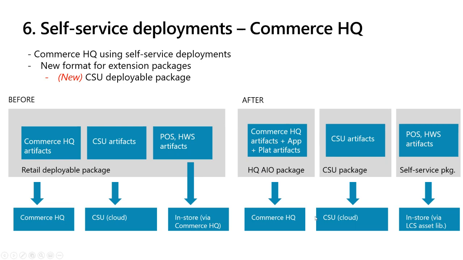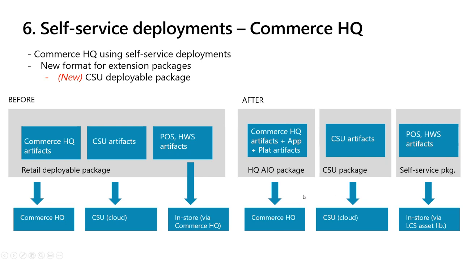The first big advantage we have is the deployment times for artifacts when you're deploying Commerce HQ packages is going to be substantially lower, because your Commerce HQ artifacts are no longer going to include a very large payload of self-service packages.